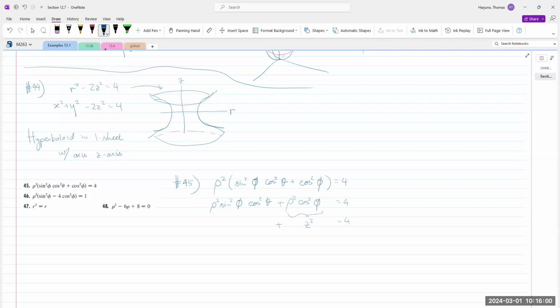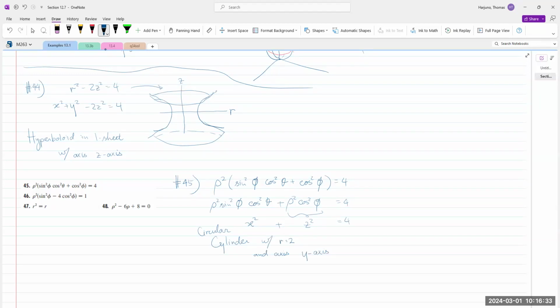And this is what? X squared? Okay, so this is a cylinder, a circular cylinder with radius 2 and axis the y-axis, right?